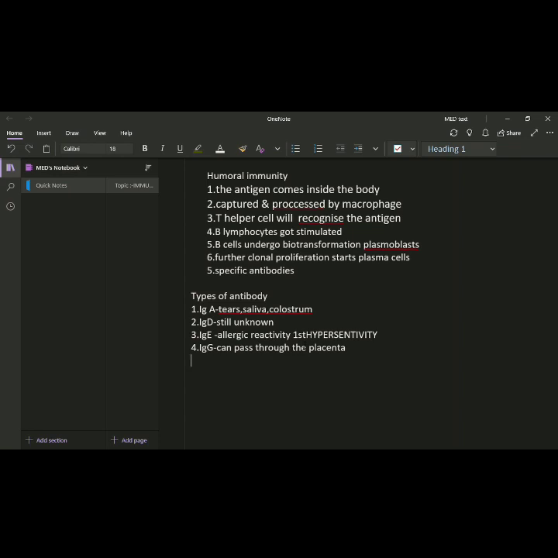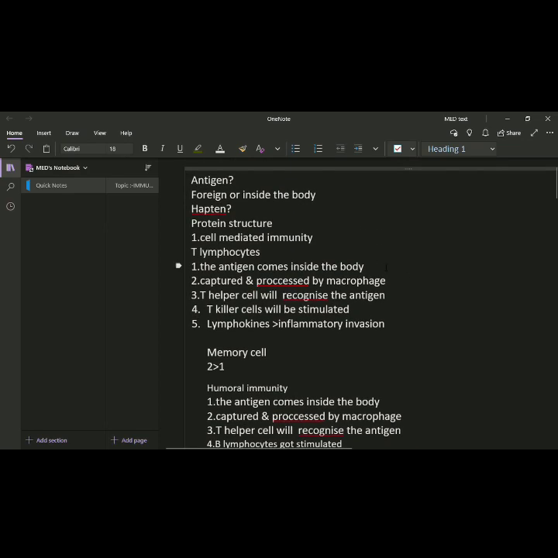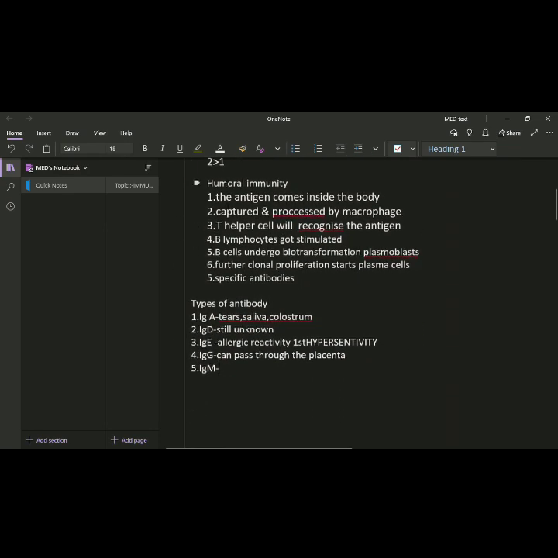Alright, moving on to the fifth one, that is IgM. This IgM is the largest antibody, which is synthesized during the primary immune response. As I told you, in the primary immune response elicited in humoral immunity, antibodies are produced.